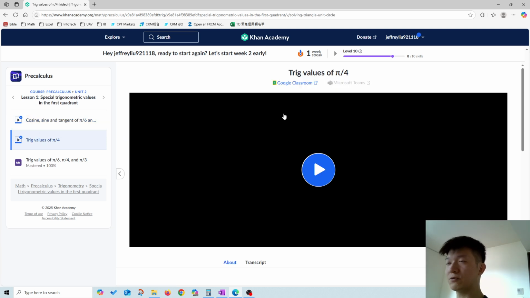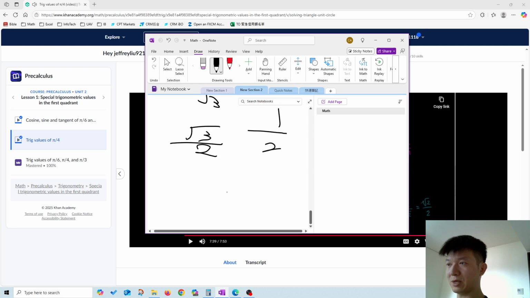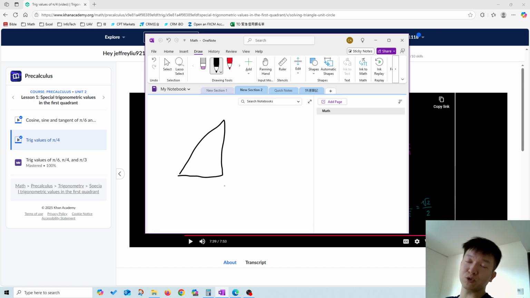And pi over 4 is 45 degrees. So imagine that. It's another special angle. You got your 45 and 45 on the first quadrant. The quadrants matter because in the next couple of videos, we're gonna look at many triangles that are not on the first quadrant.